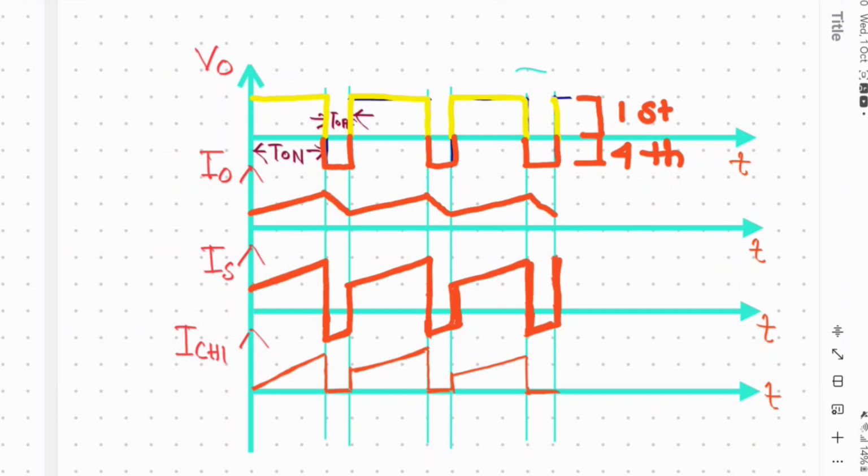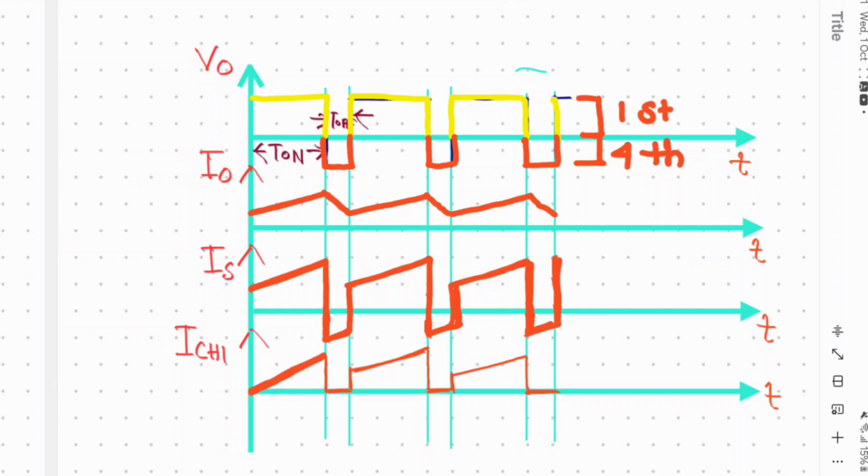Now the waveform for the current through the switch will increase slowly. When switch 1 and switch 2 are on, at that time current will increase slowly.